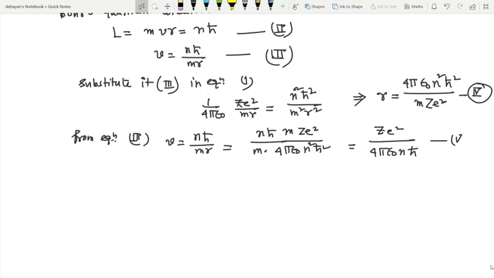Thus we can see that both the radius of the orbit and the electron velocity depend on the quantum number n.